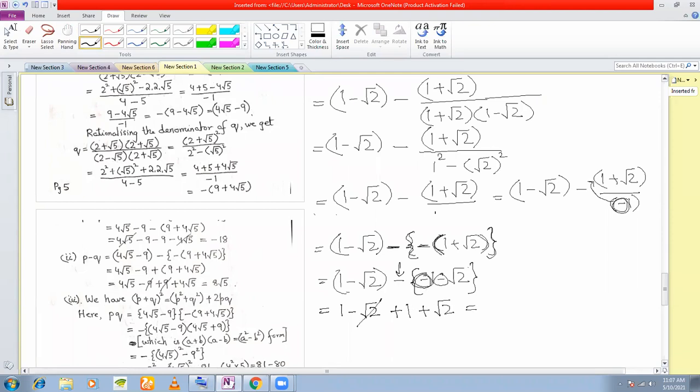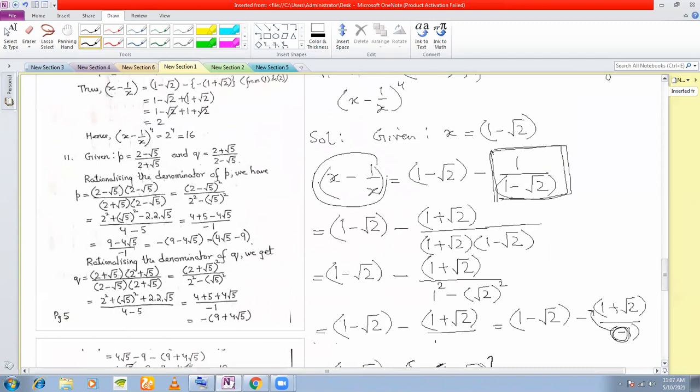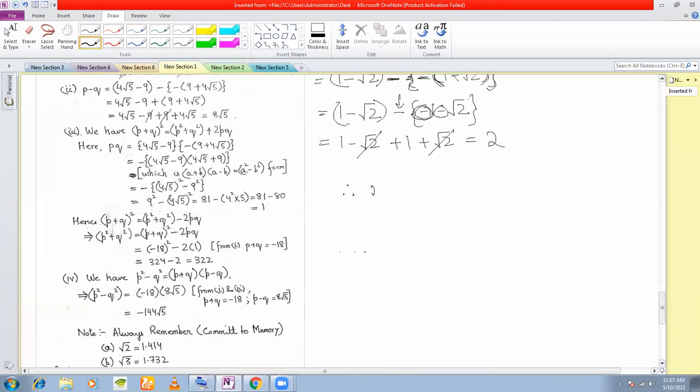So what happens is this minus root 2 and plus root 2 cancel. So you simply get a 2. So what have we got for x minus 1 by x? We have got this value equal to 2. So that means we have to find the value of x minus 1 by x to the power of 4, which must be equal to 2 to the power of 4. And what is 2 to the power of 4? 16. And that is your answer.